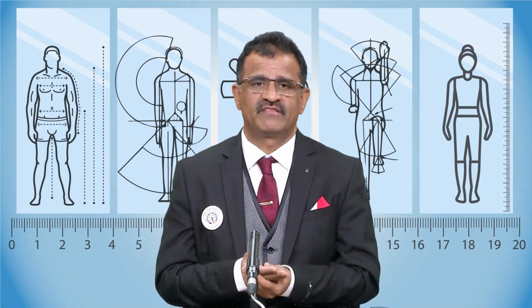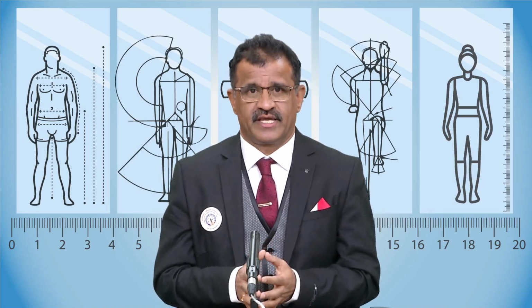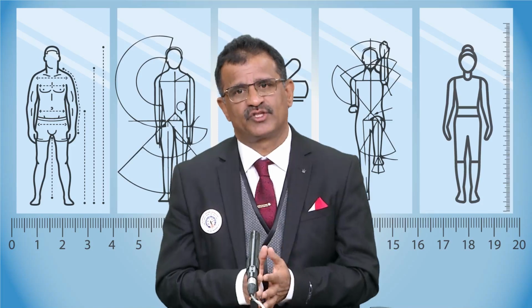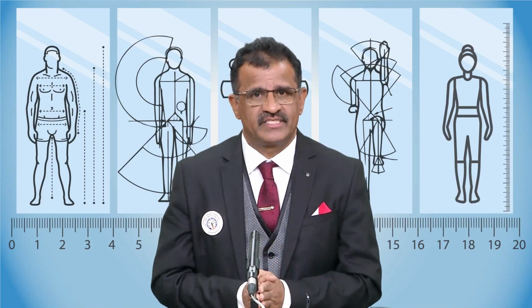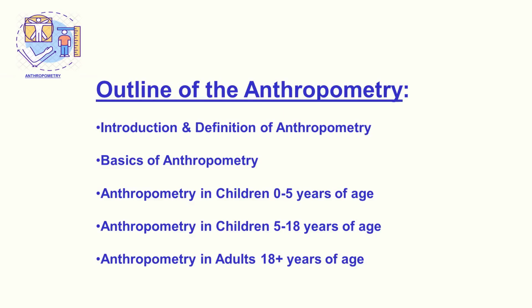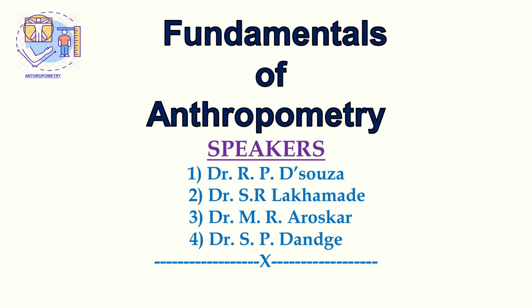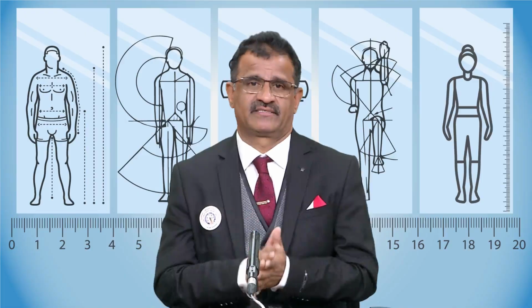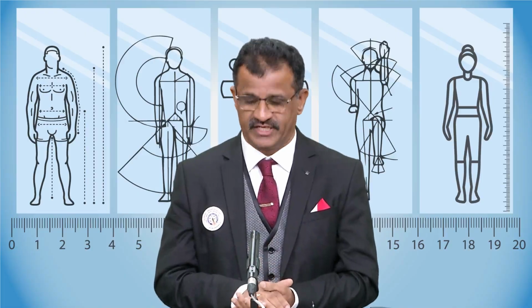I will be dealing with the first 2 chapters, introduction and definition of anthropometry and basics of anthropometry. The remaining 3 chapters will be dealt with by my colleagues, and I have shown their names. They will be dealing separately with a specific part of anthropometry, whereas I will be dealing with the basic parts of anthropometry.